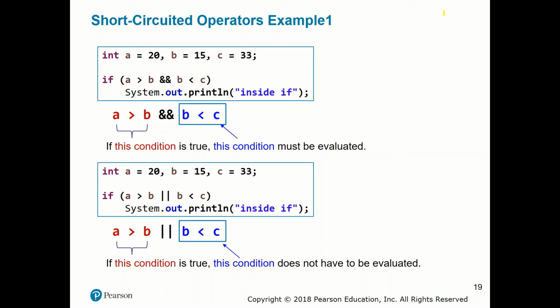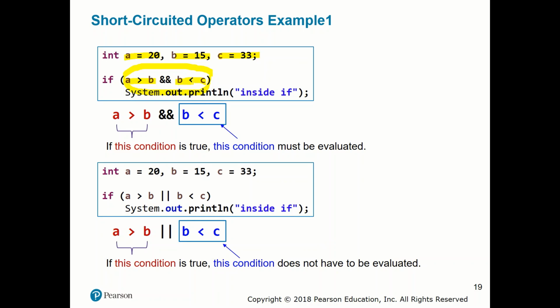Let's look at short-circuited operators. A is 20, B is 15, C is 33. Here, A is greater than B. This is true. So if this is true, then the whole expression is true.